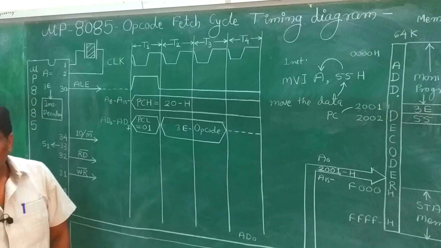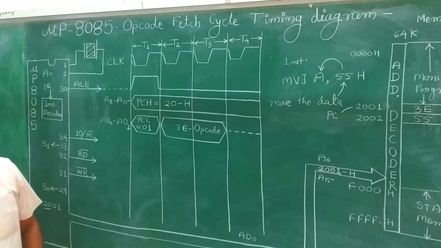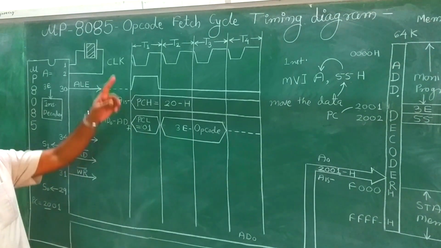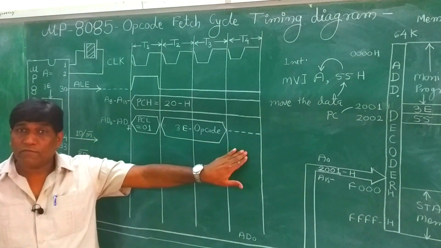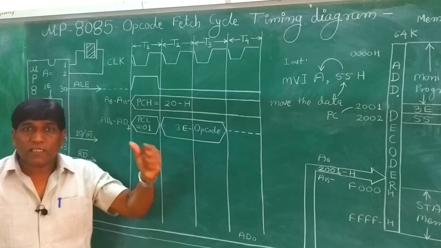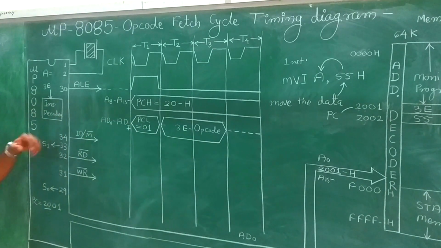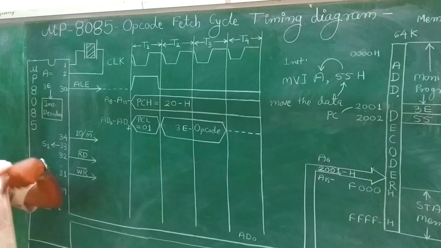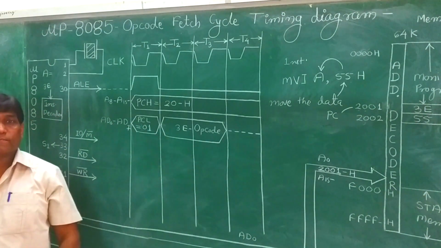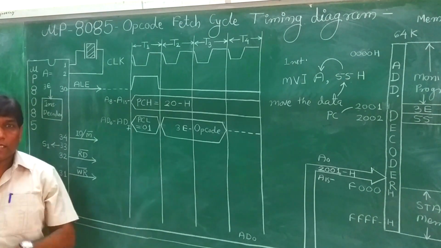For memory read, for IO read, IO write, a rest period is not given. But in the opcode fetch cycle, one rest period is given, which will facilitate this operation. 3E will go to the instruction decoder, and later on the MPU will decide what to do next. In our case, what is the next activity?